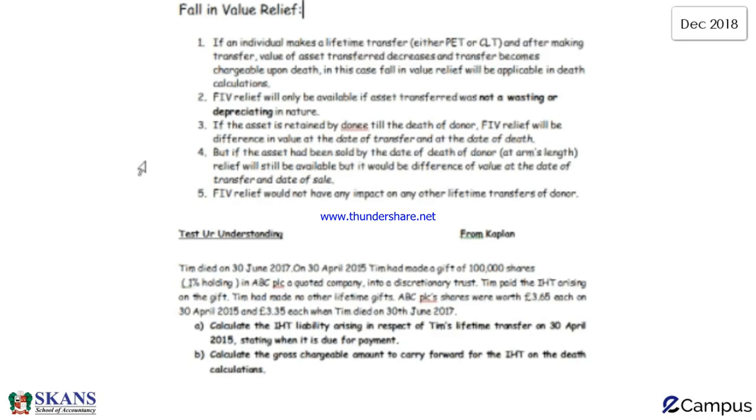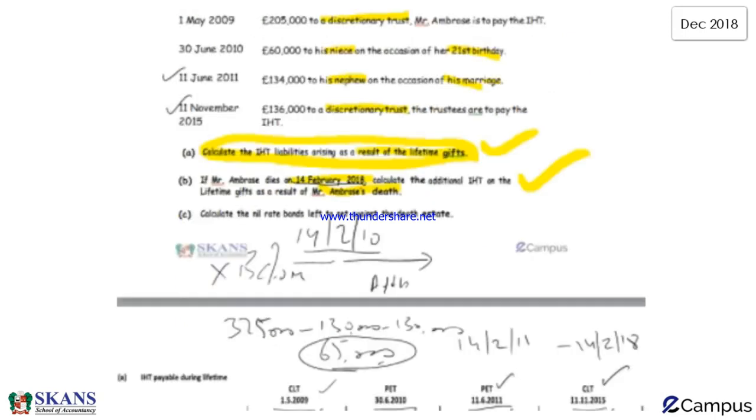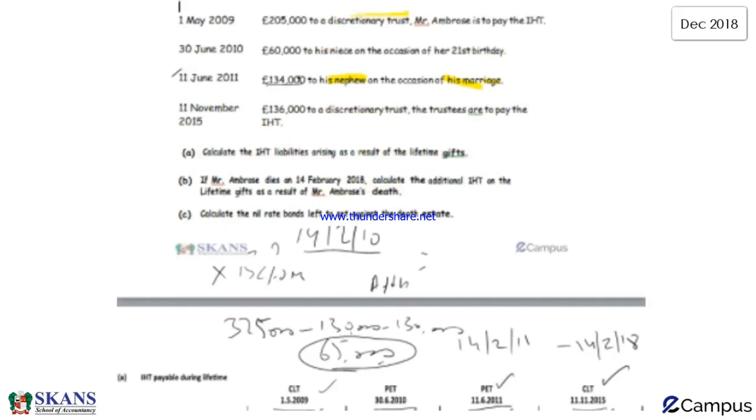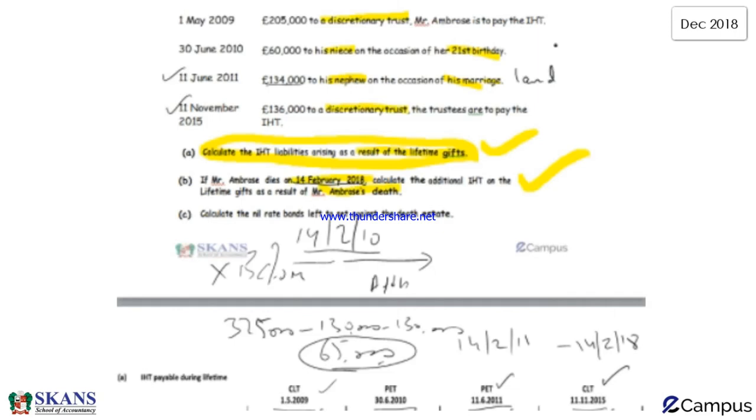After making those, if the value of the asset increases, we still pay tax on the same GCA calculated while doing lifetime calculations.